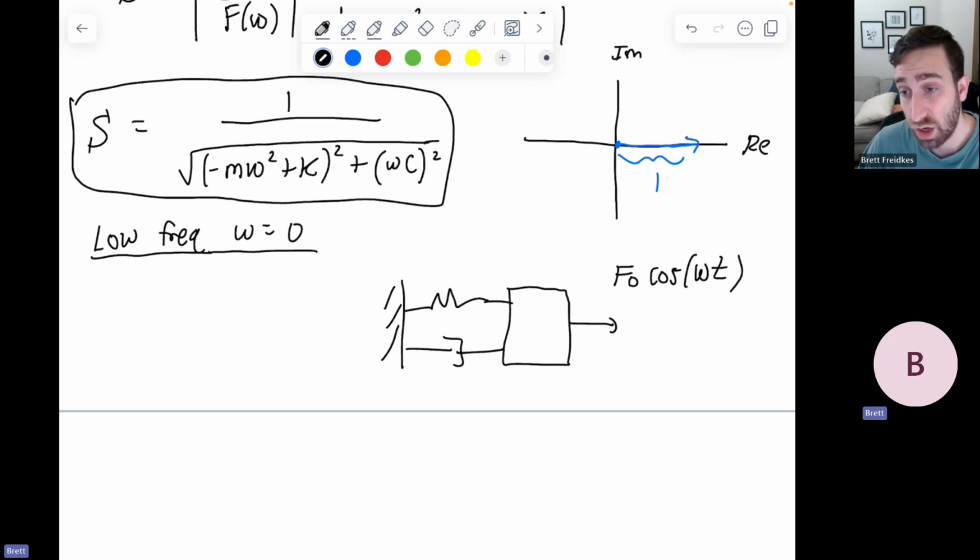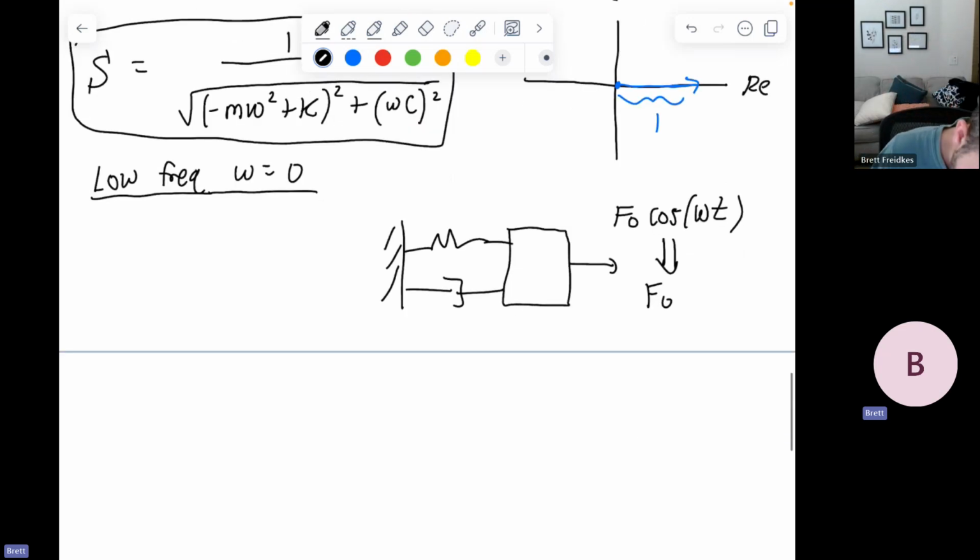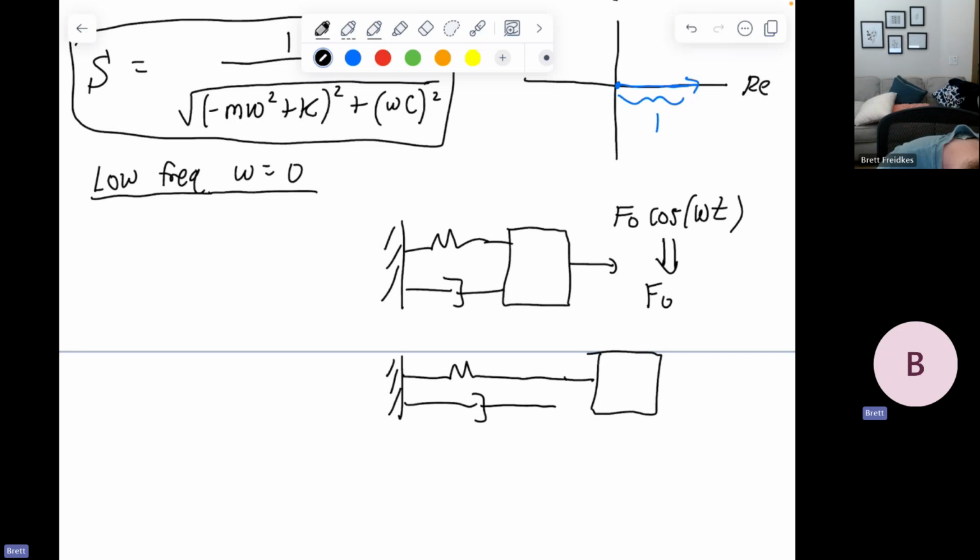If I plug in a low omega, maybe omega is equal to 0, this will just reduce to f naught, just some constant force. And if I have a constant force acting on this, we will see that the mass will displace a little bit to the right due to that constant force. So we see that it's gone a little bit to the right, that's x.